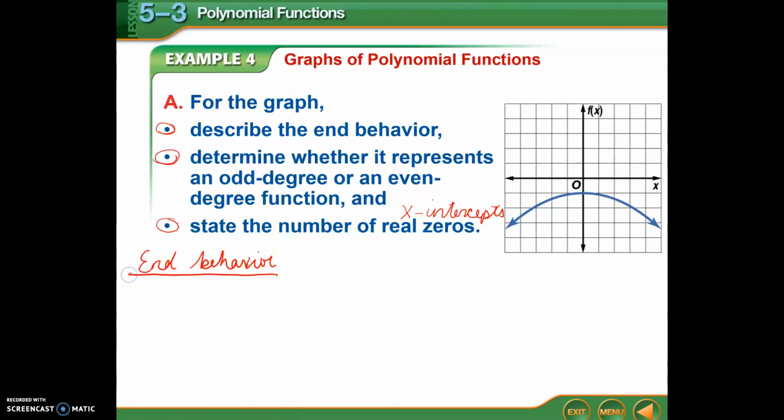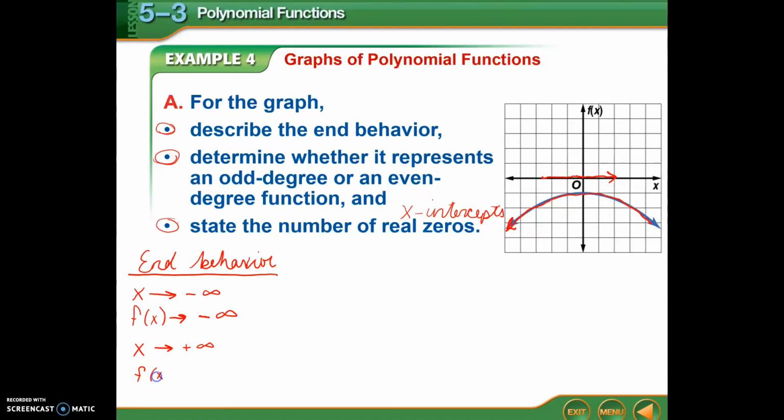First of all, we're going to look on the left side of the graph. As x is going to negative infinity, as I'm heading in this direction, what's my graph doing? It's pointing down. So the function is going to negative infinity. If it's pointing down, it's going to negative infinity. If it's pointing up, it's going to positive infinity, heading in the positive direction and just getting bigger. And then as x is approaching positive infinity, on the right side, my graph is again pointing down.